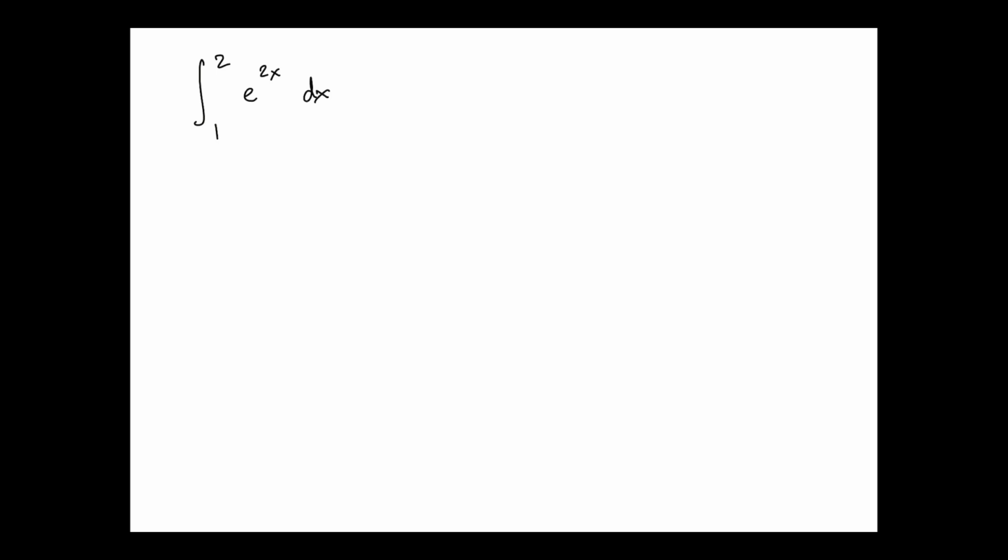So we want an antiderivative. So I want a function whose derivative is e to the 2x. Okay, what would the first naive guess be? Just e to the 2x itself, right? But what is the derivative of that? As you just said, it's 2e to the 2x.